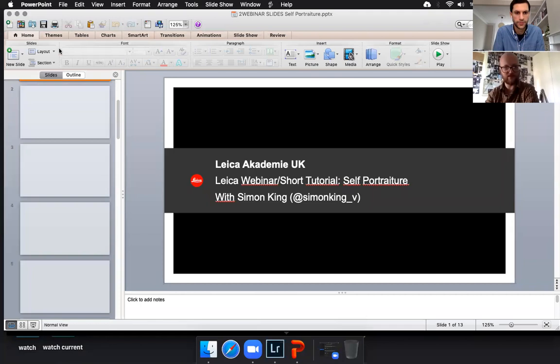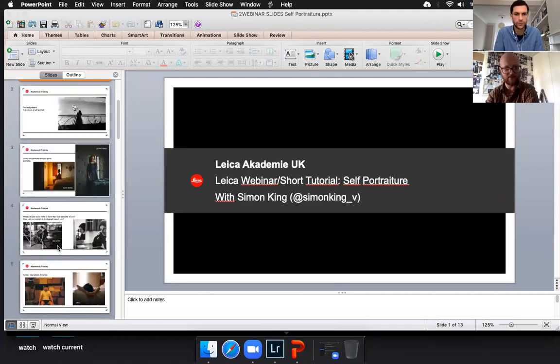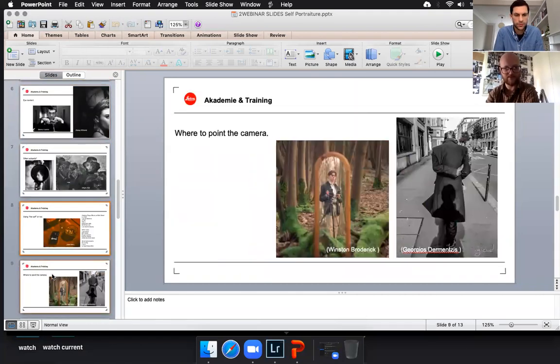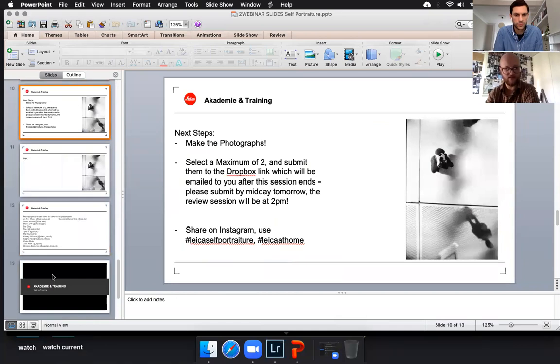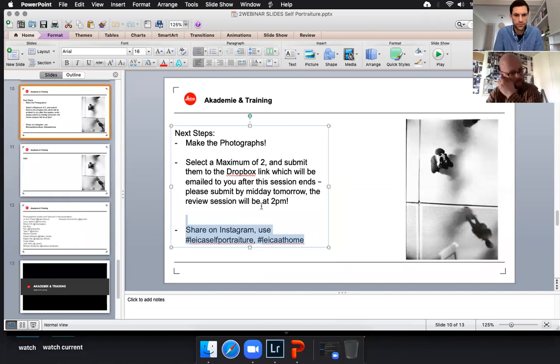Absolutely, for sure. If there's anything that you feel has made more or less sense and you want to retry it, then absolutely. These are the hashtags if you upload to Instagram. And if everyone searches around on Instagram for these and gives each other feedback, that'll be very valuable. Can everyone see that on my screen, by the way?